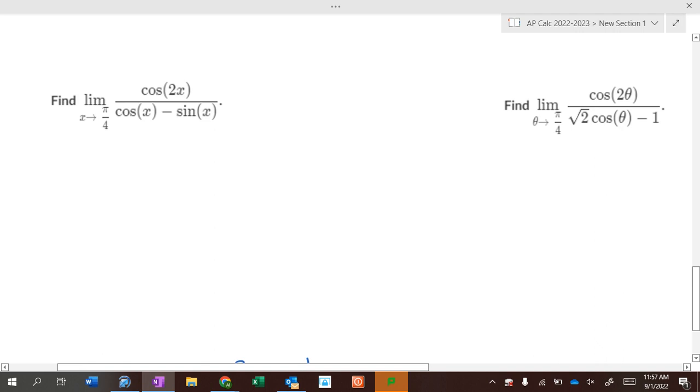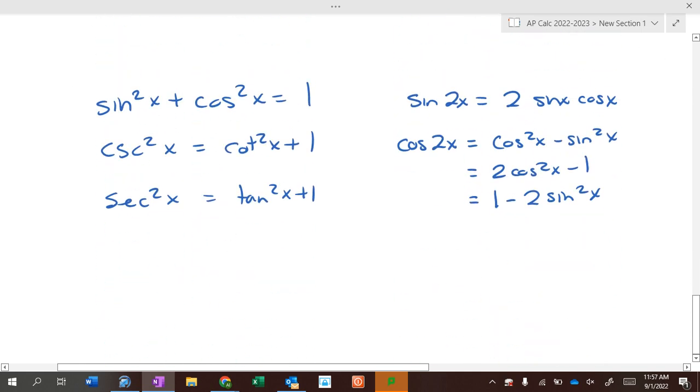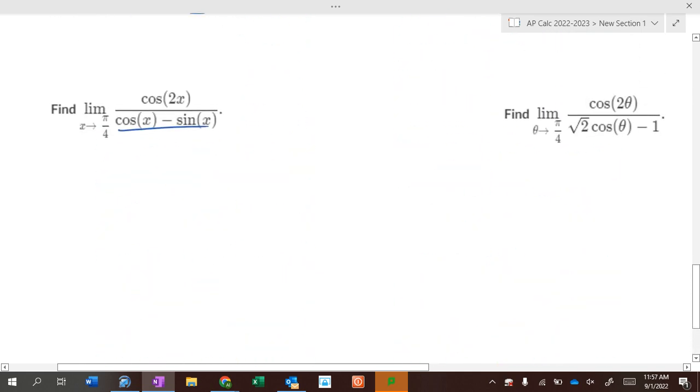Okay. Cosine of 2x. Which one should I use if I see something like this in the denominator? Because there's 3 of them. You are correct. We should probably use the cosine squared of x minus the sine squared of x.